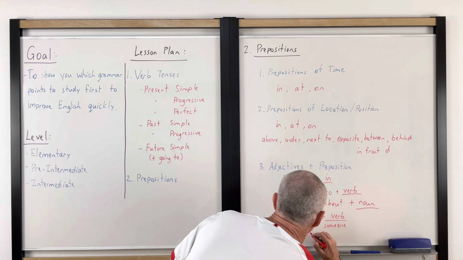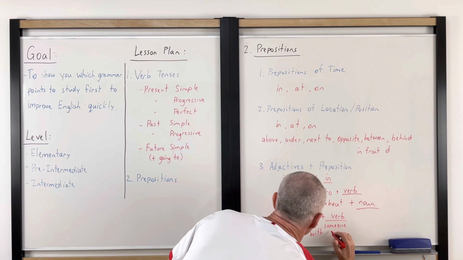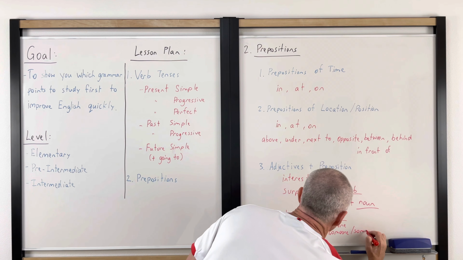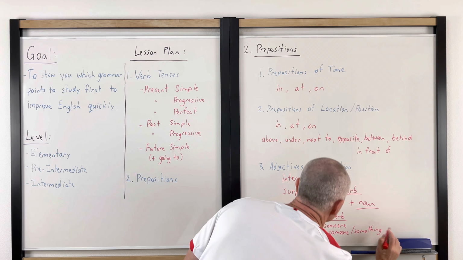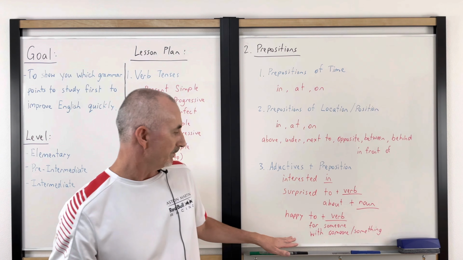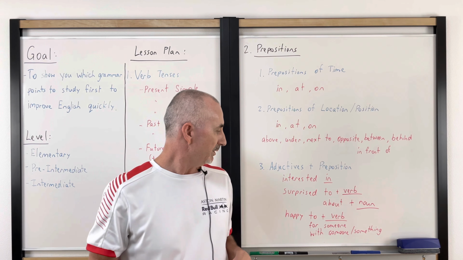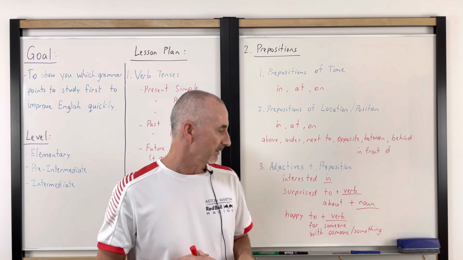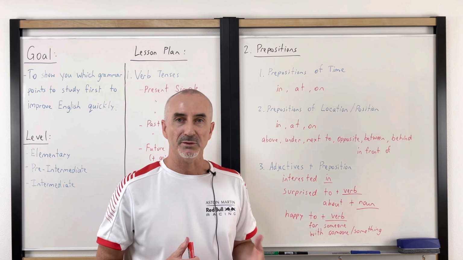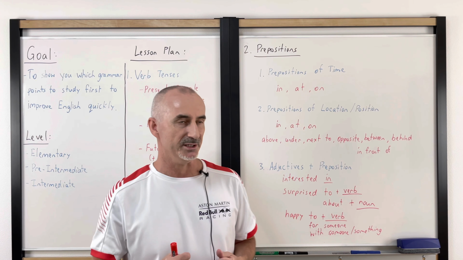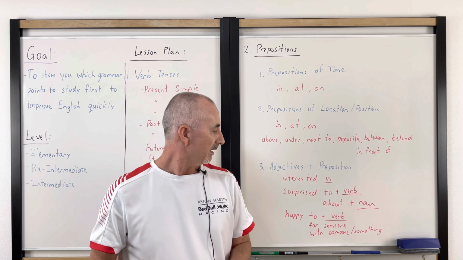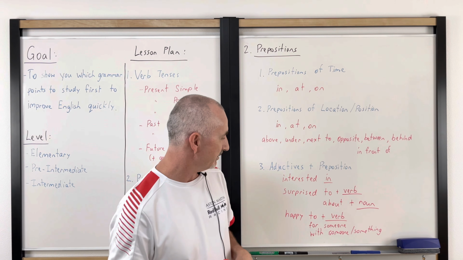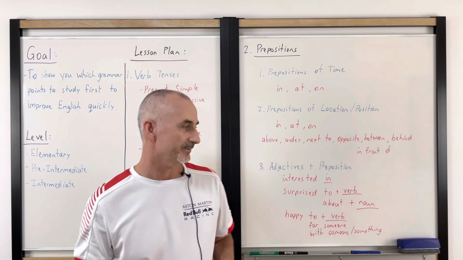Okay, now when we use with, we can use someone or something. For example, I'm really happy with my English teacher because she explains grammar very well. I'm happy with my boss because he helps me a lot in my job. Something, I'm happy with my salary, I'm happy with my life, I'm happy with my improvement in my English.